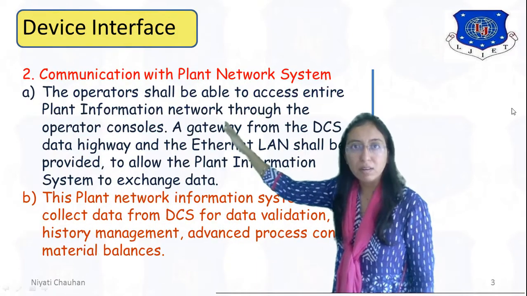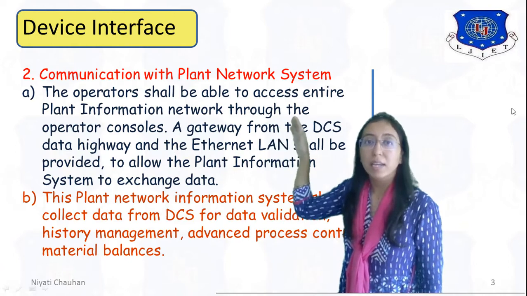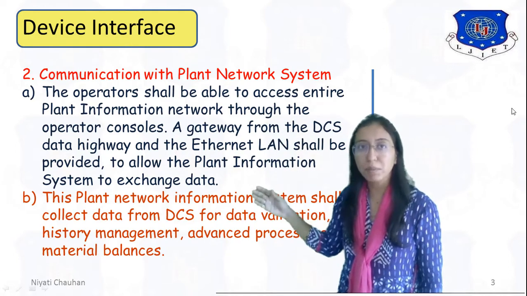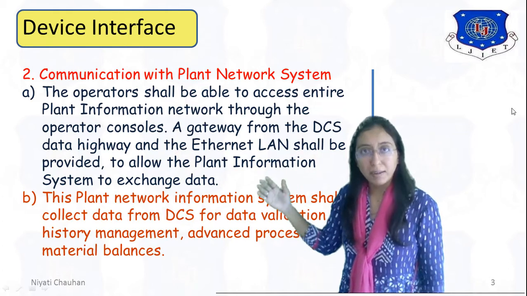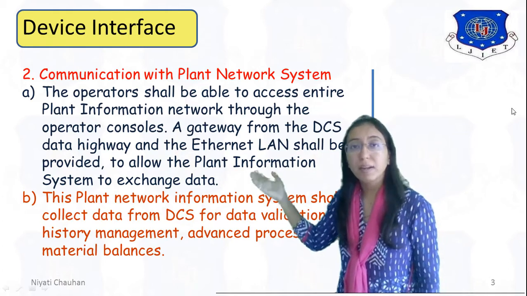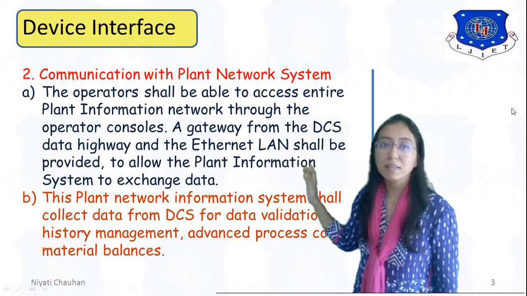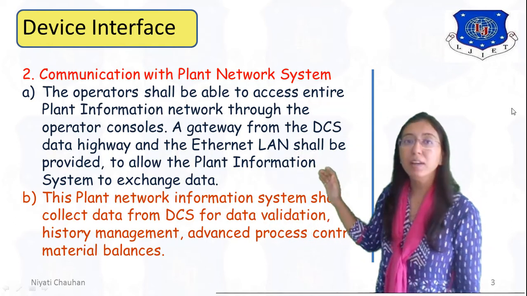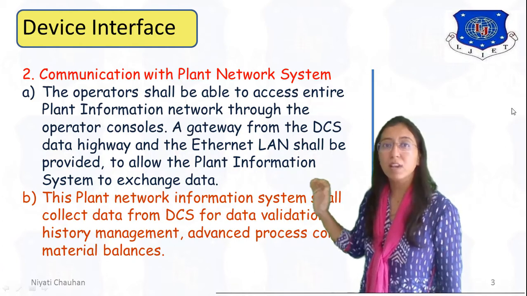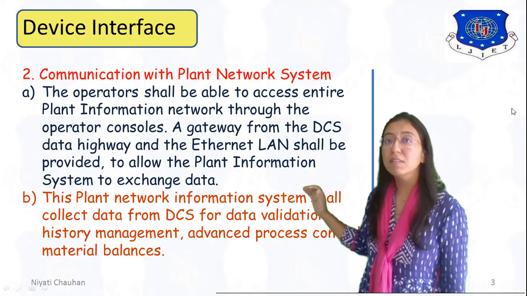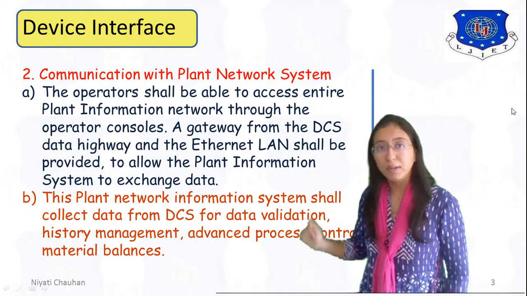The operators shall be able to access entire plant information network through the operator console, a gateway from the DCS data highway, and the Ethernet LAN shall be provided to allow the plant information system to exchange data.